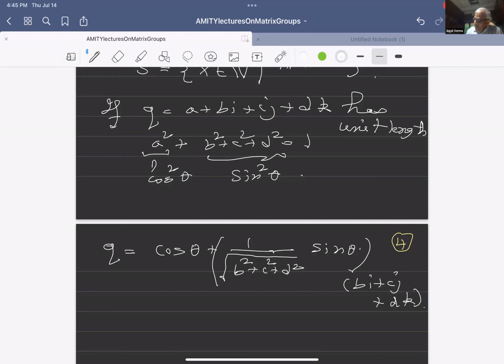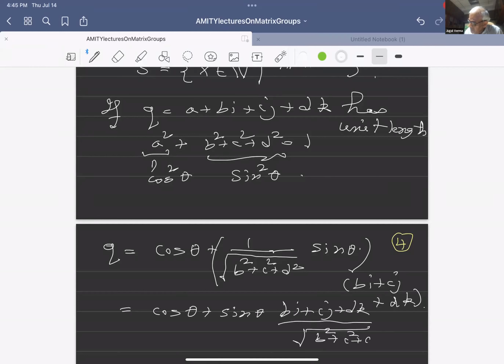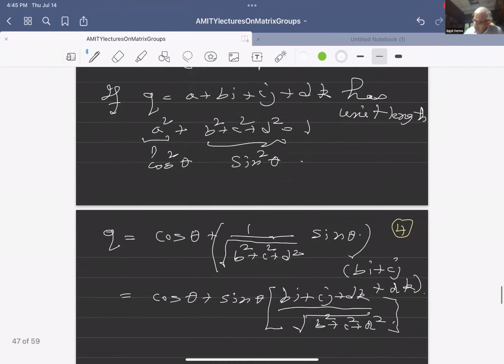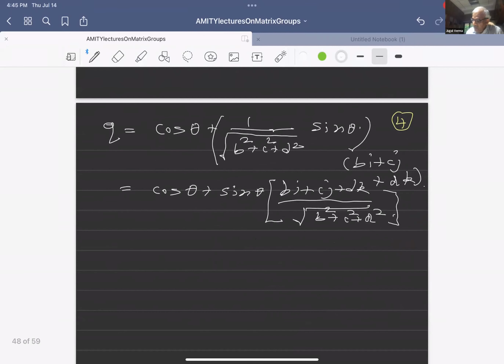So this is equal to cos theta plus sine theta times bi plus cj plus dk over the square root of b square plus c square plus d square. So this quaternion has unit length, and it is a purely imaginary quaternion.